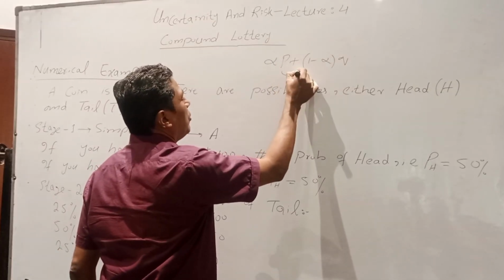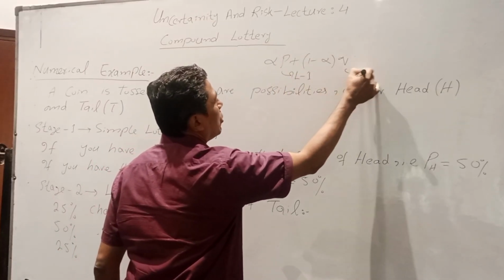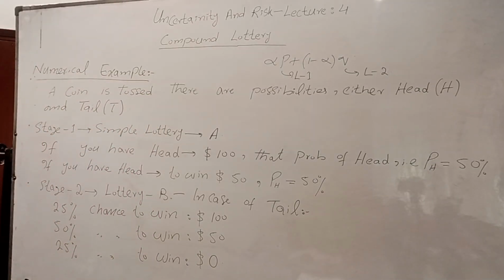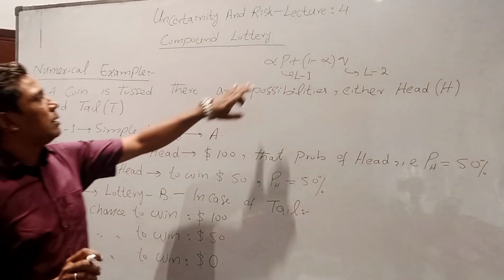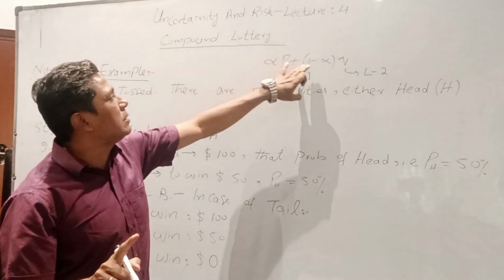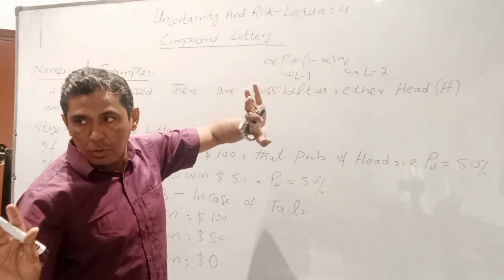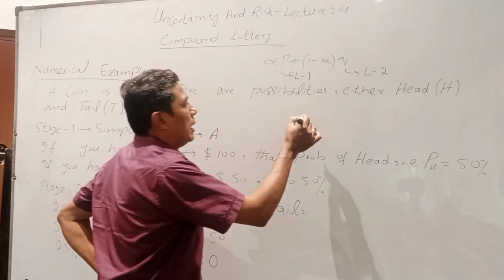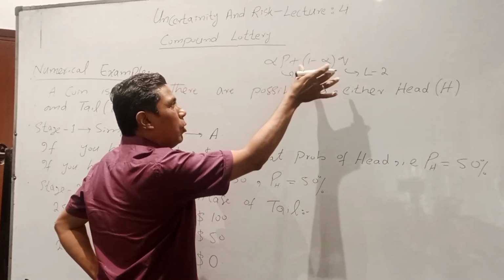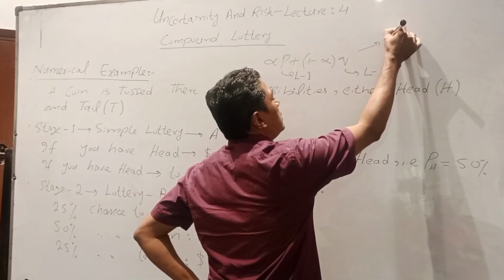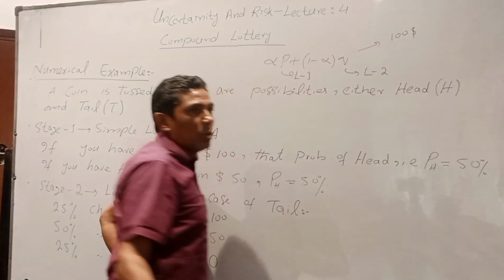So for example, this is your lottery 1, and this is your lottery 2. Clear? So there are the two lotteries A and B here. In that condition, this is the probability of playing this lottery, and that is the probability of playing lottery Q. Now what we are doing is, for example, let's say you have a chance to win $100 through both lotteries.